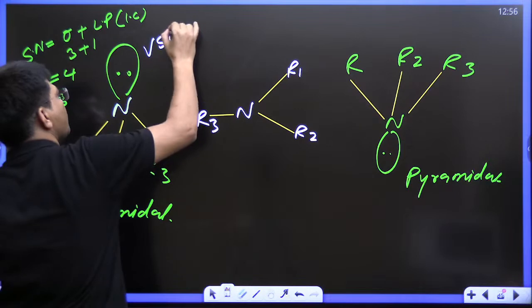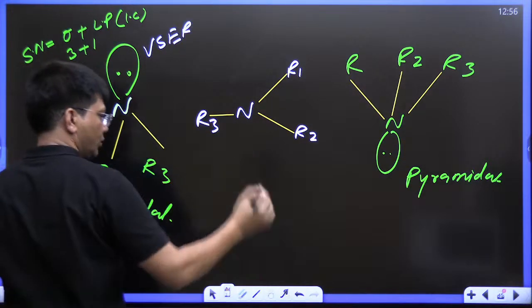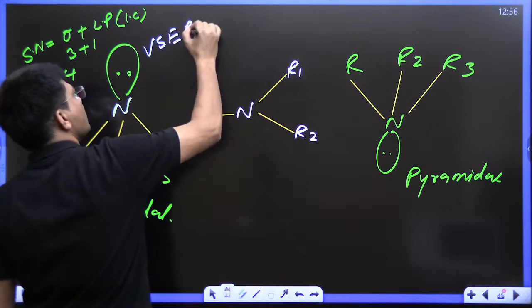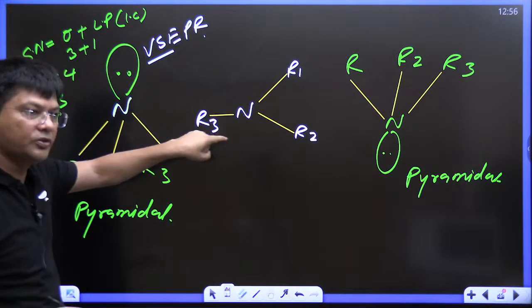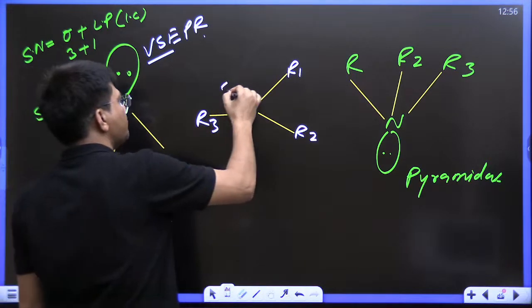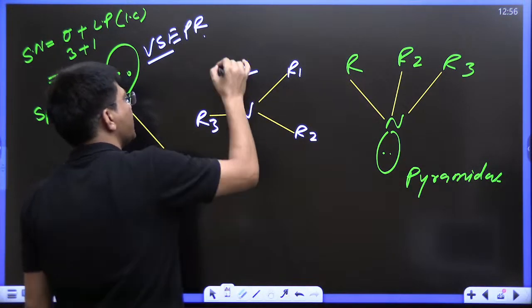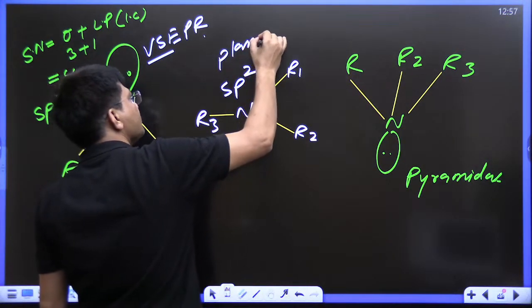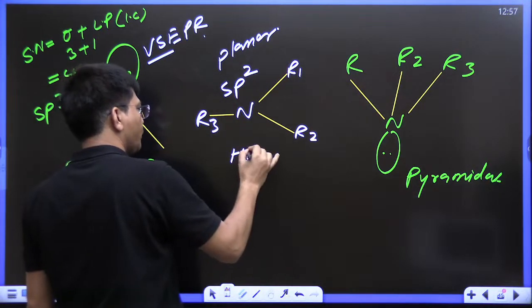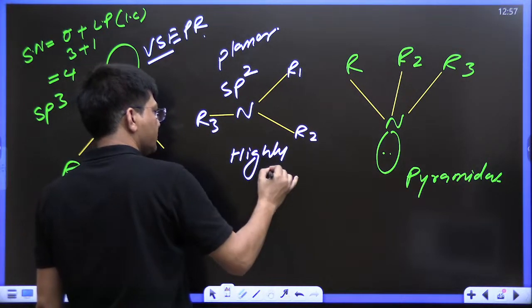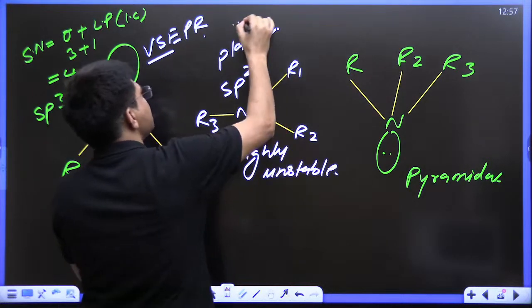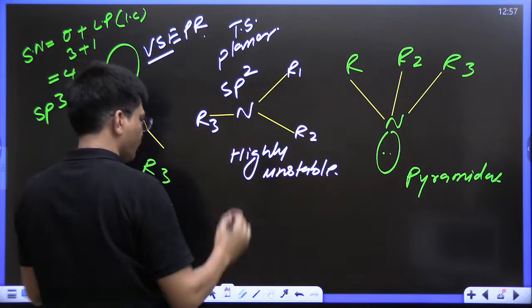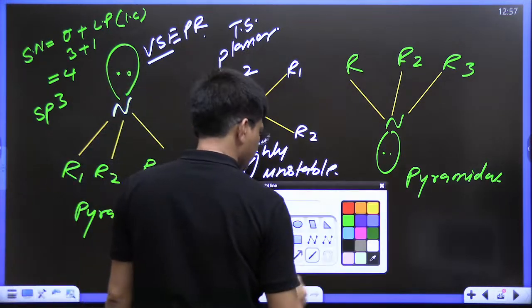Valence shell electron pair repulsion theory says that the lone pair has to occupy maximum space, but there is no space, and this is sp2 hybridized because it has become planar. This is a highly unstable form, the transition state by which these two forms are interconvertible.